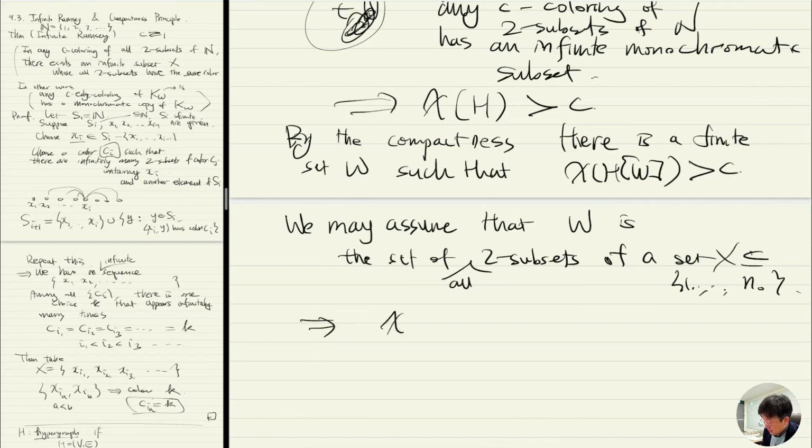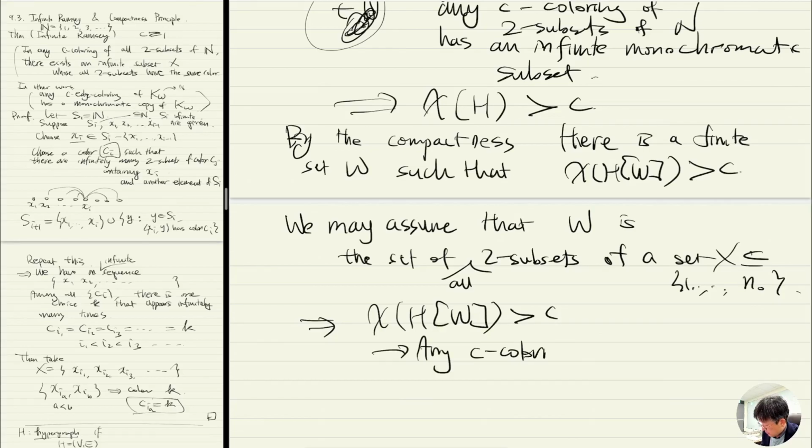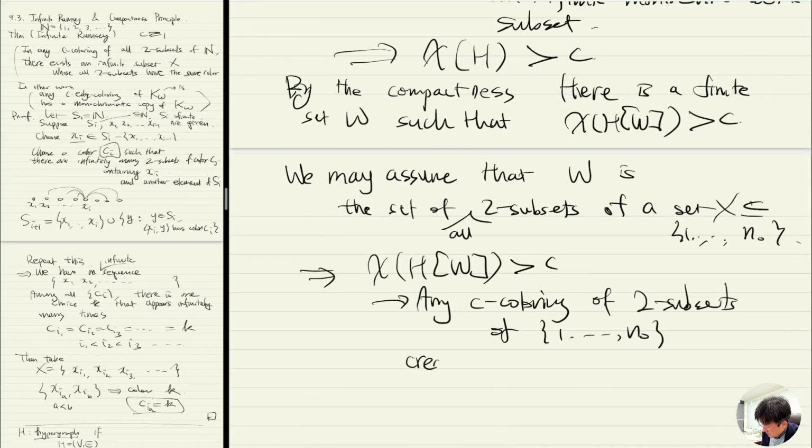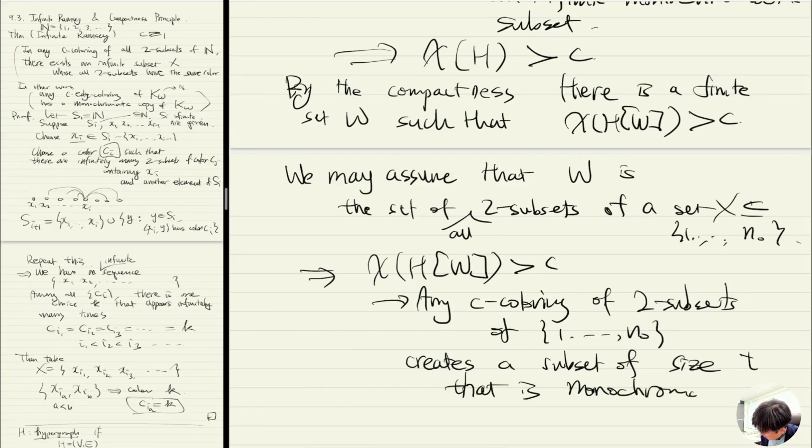This means that, since the chromatic number of H_W is bigger than C, any C coloring of two-subsets of 1 up to n0 creates a subset of size t that is monochromatic. Okay, so that's the proof.